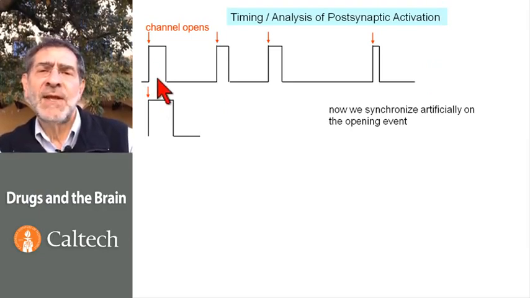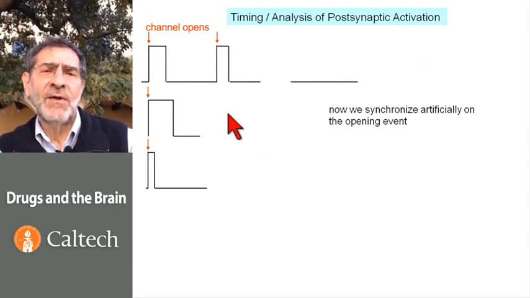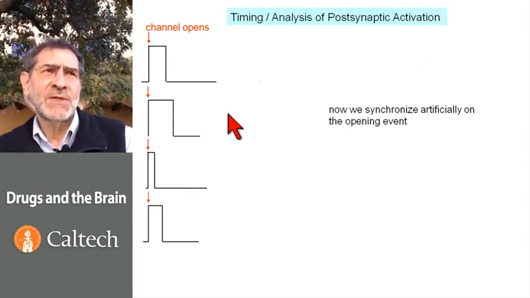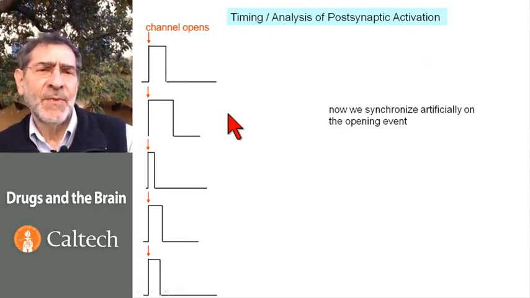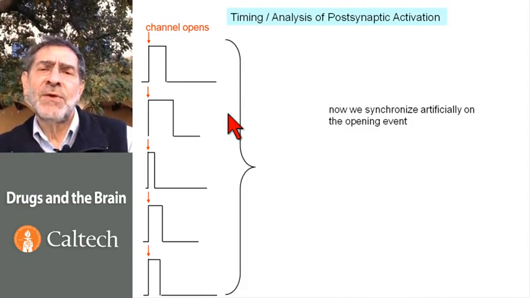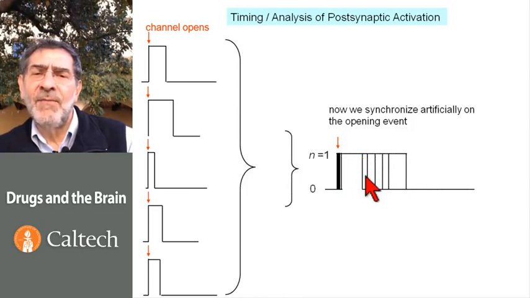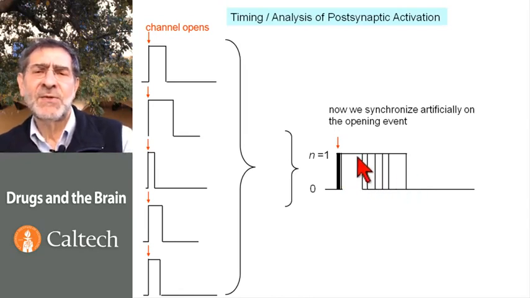And then we do the same thing for one of the other events, etc., until we have all of the channels retrospectively synchronized as they open together. And now we superimpose them so that they are nearly all synchronized. And we see that although we have made them all begin at nearly the same time, they are closing at different times. They have a stochastic closing event.